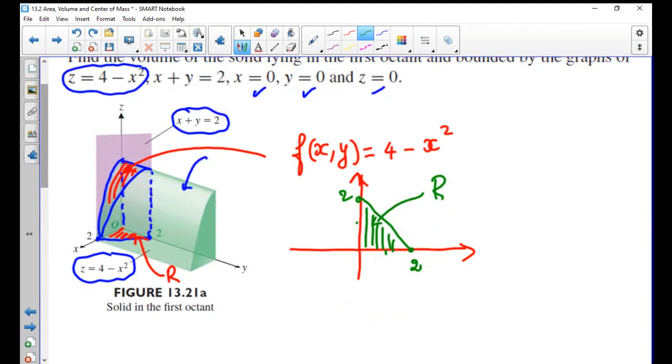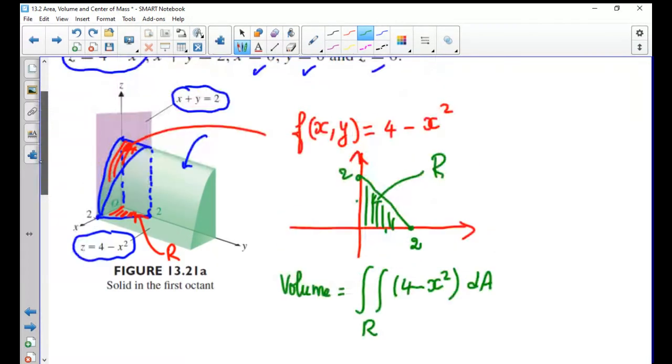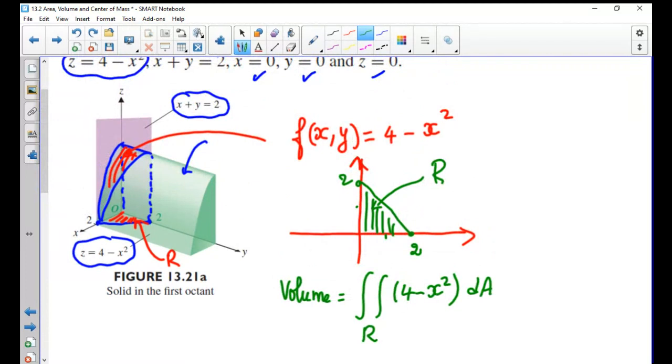So the volume will be the double integral over R of the function 4 minus x squared dA. Now to do that, what do we need after this? What do you think? The region R, yeah? We need some equations there. Of course, this is y equals 0. That's not a problem. This line, I need its equation.